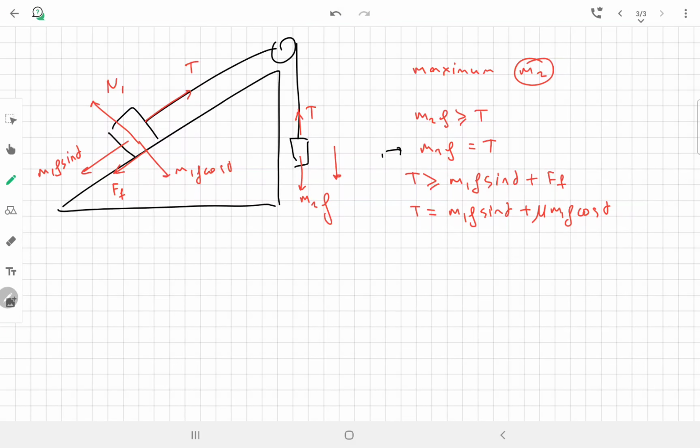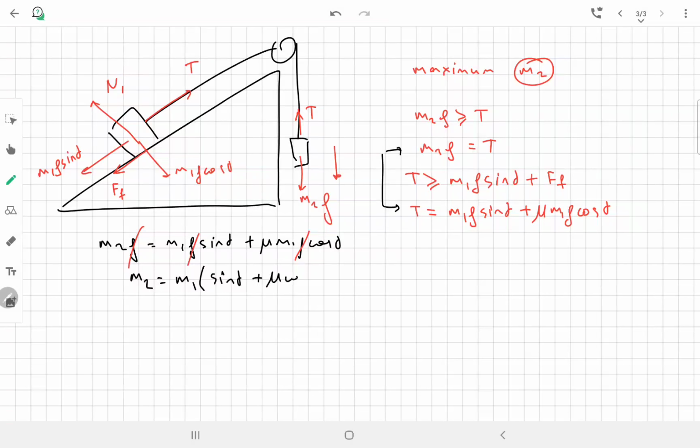So these two equations are equal to each other, as you see, tension. So M2G equals M1G sine alpha plus mu G cosine alpha. You can remove gravities, and the final answer is M2 equals M1 times sine alpha plus mu cosine alpha.